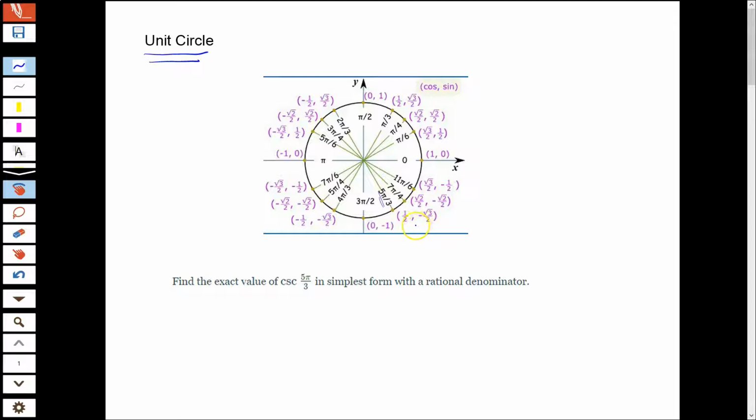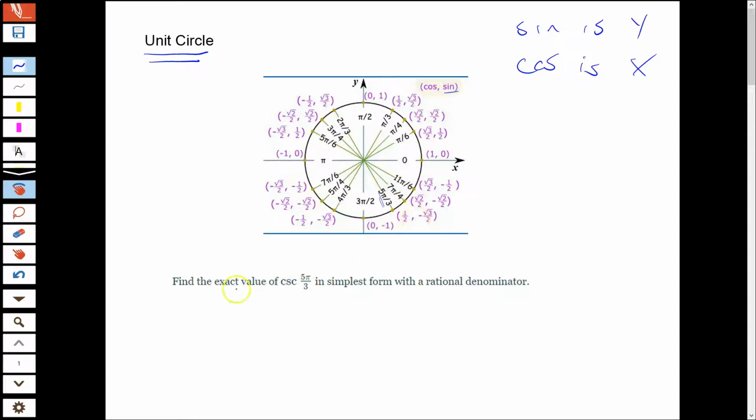You're like, well, what does that mean? Well, that's this point on the circle. What you need to know is sine is the y value, cosine is the x value. And there is a reason for that. I don't need you to know it, but if you're curious, let me know. It has to do with how this circle is built.